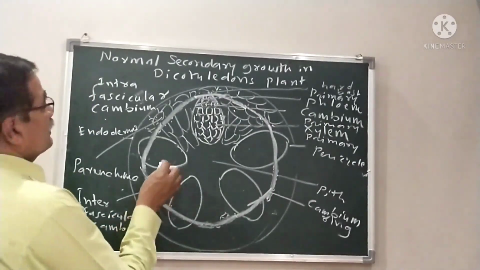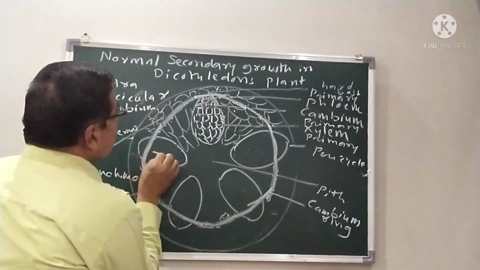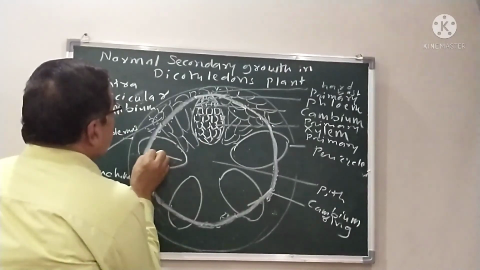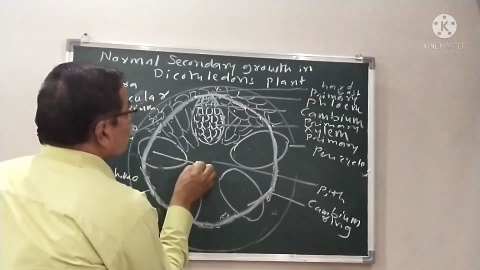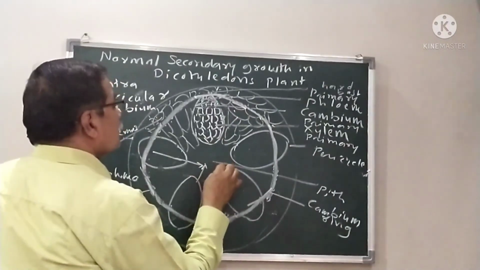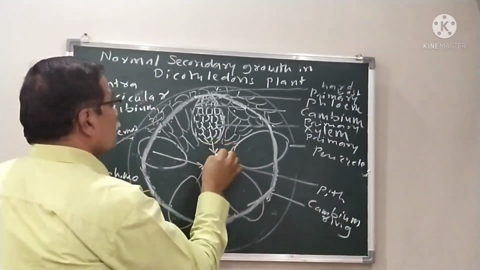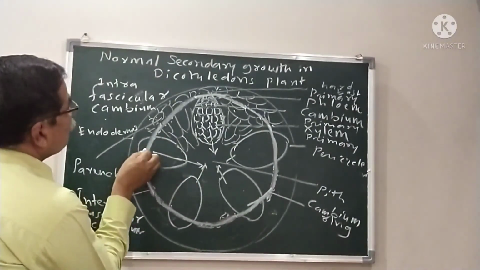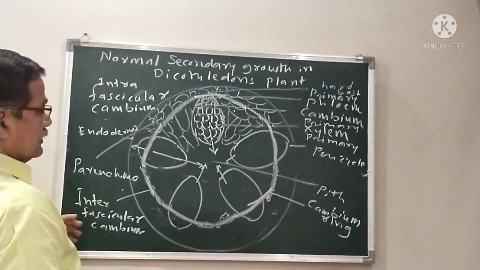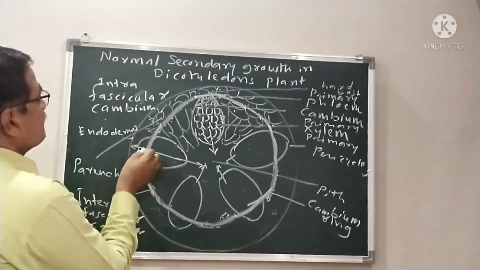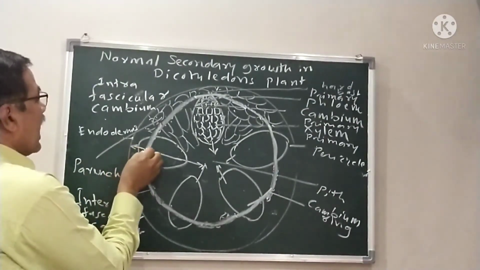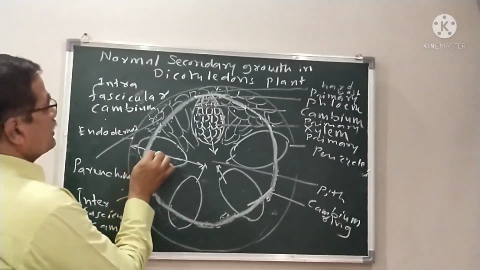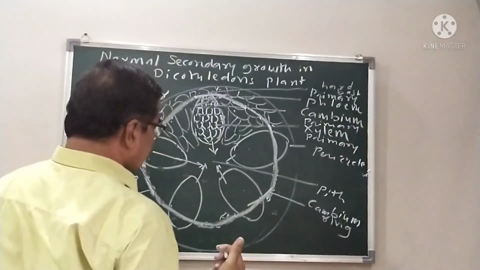The primary xylem which is present in the primary vascular bundle is pushed towards the center more, as compared to the outer side. A smaller portion goes towards the outer side and a major portion towards the inner side.